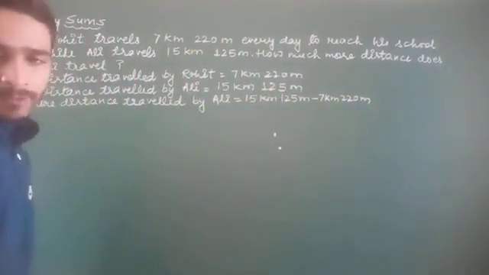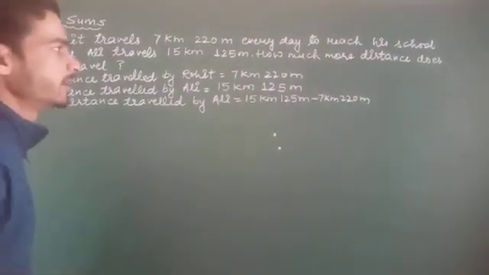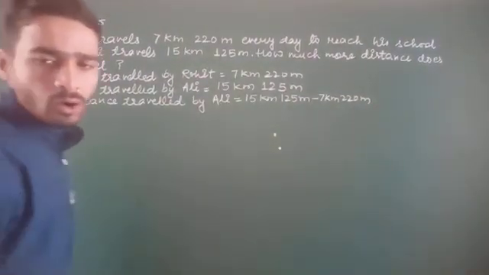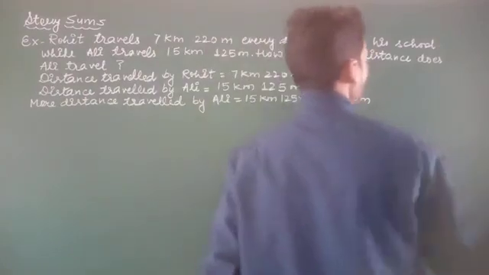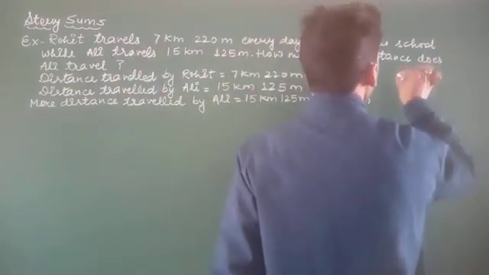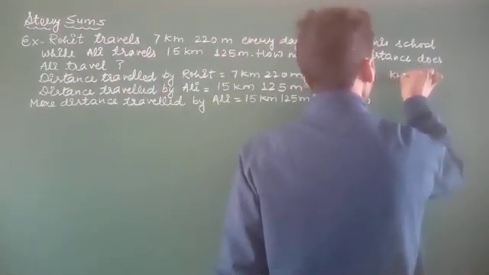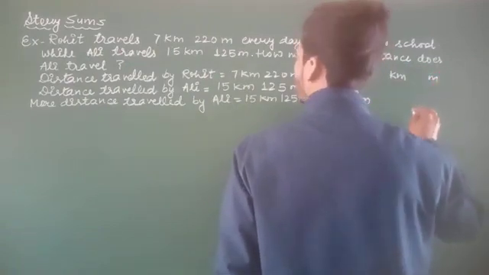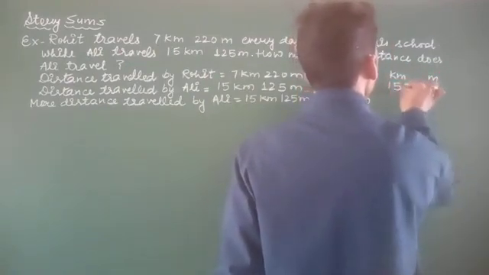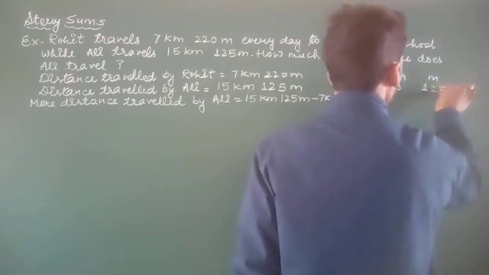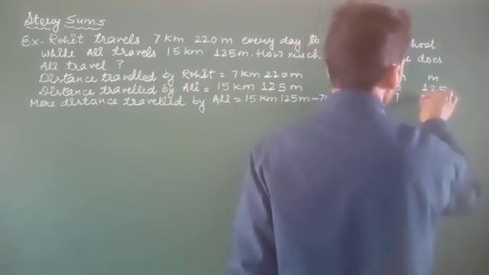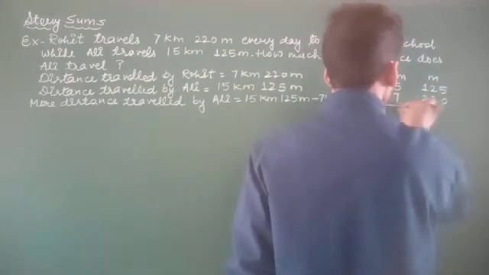So subtract 7 kilometer 220 meter from 15 kilometer 125 meter. So write this under kilometer and meter: 15 kilometer 125 meter and 7 kilometer 220 meter.